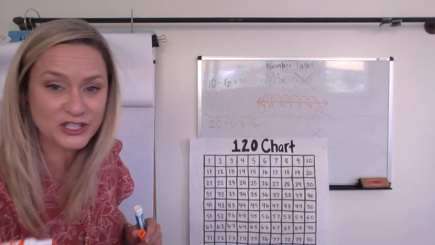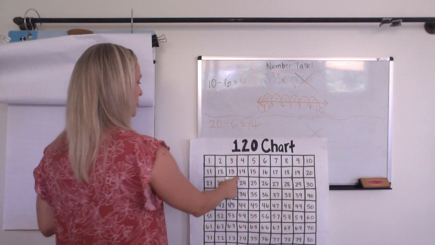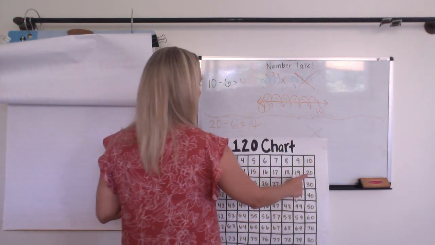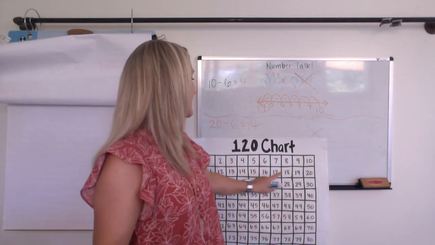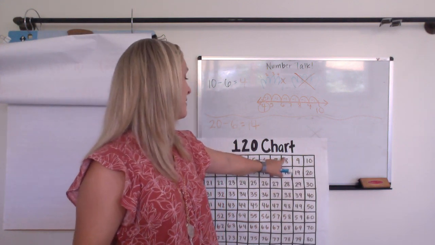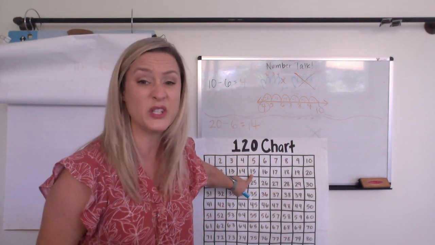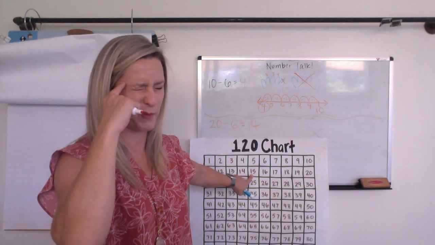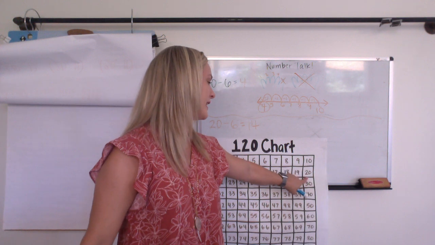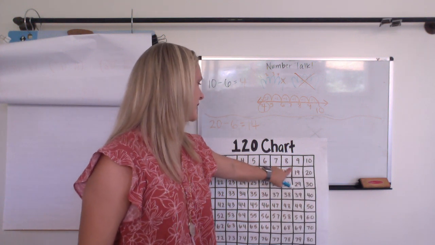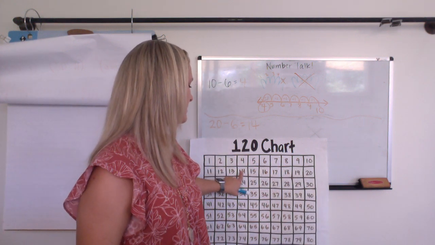Maybe you used your 120 chart in your mind and you thought about, okay, if I started at 20 and I hopped back, maybe you hopped back 5, because maybe you knew if you went from 20 and you took off 5, you'd land at 15. Remember, we're doing this in your head. Or maybe you thought about doing 20 and then taking off 6 like this. 1, 2, 3, 4, 5, 6.